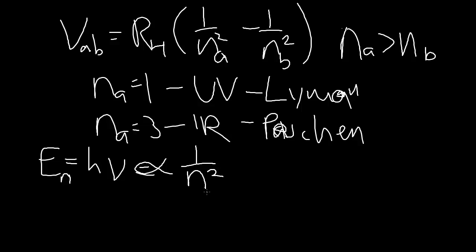So to try and explain this, Bohr worked it out in his model with the electron orbiting the proton. So here's a very rough sketch of Bohr's model. We have a proton on the inside, a single proton for hydrogen, and a single electron zipping around it.